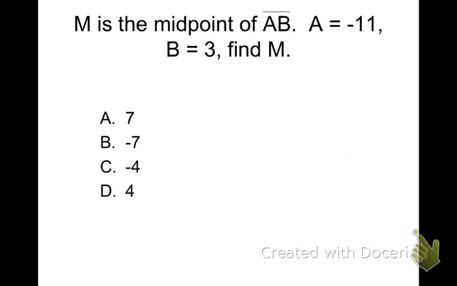Again, M is a midpoint of segment AB. We have numeric values for the location of A and the location of B. Let's find M. So here's a line segment. We're saying that A is at -11, B is at 3, M is the midpoint right here.